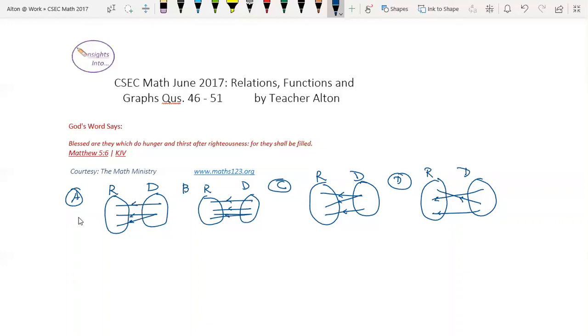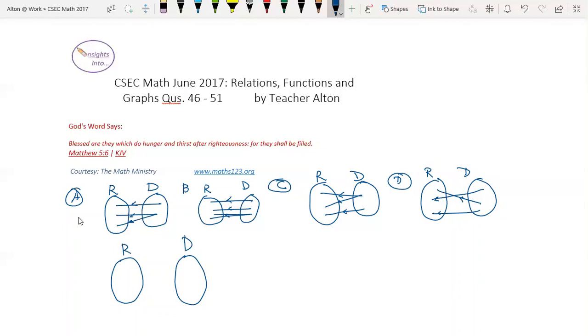Now let's look at what the important issue is here. What is a function? I'm going to use the same arrangement as stated in your various choices, where your domain is denoted by the second circle and your range by the first.